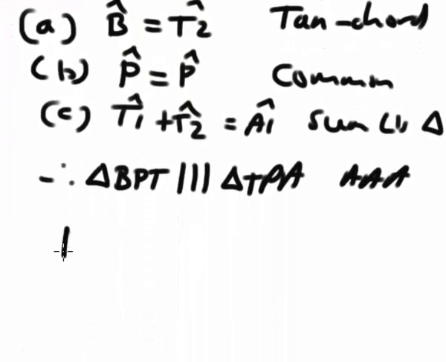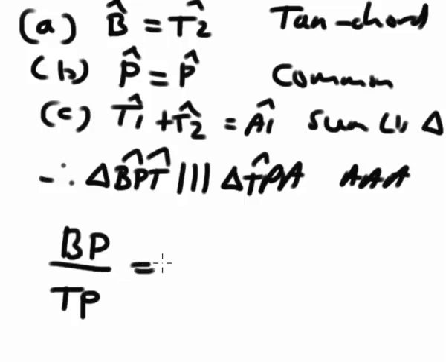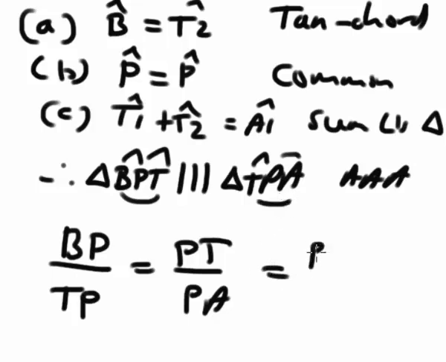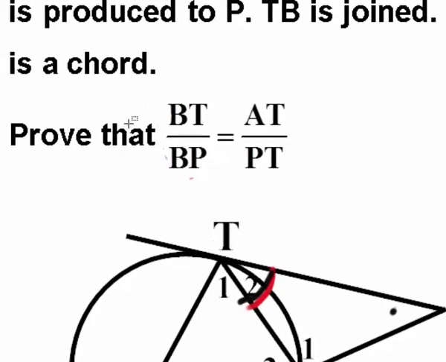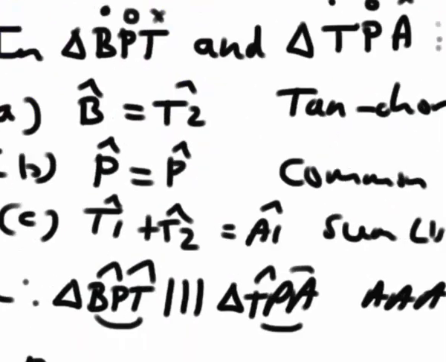Then all we do is frog face: BP over TP, PT over PA, and then BT over TA. So we've proved that. Now all we have to do is see what we wanted to prove. If we go up here, let's put a little block around it and copy it and bring it down, so that we can see what we have to deal with.